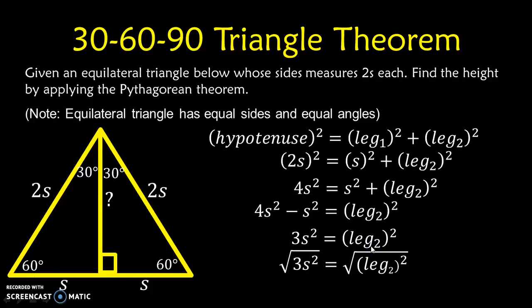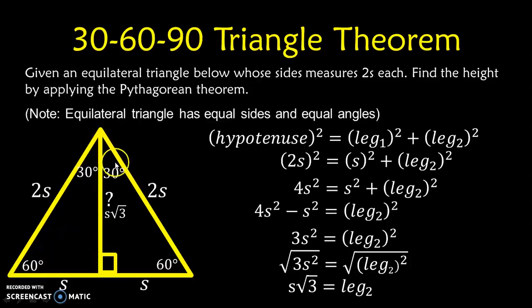And extracting the square root of each side, we have s square root of 3. Why? Because the square root of s squared is s, and since 3 is not a perfect square number, we could just retain it as the square root of 3. So therefore, the height of this equilateral triangle measures s square root of 3.